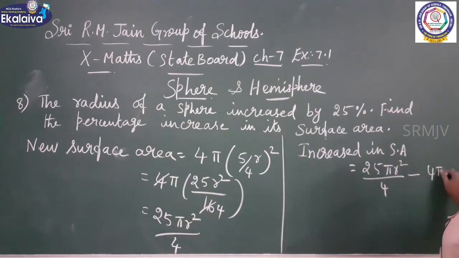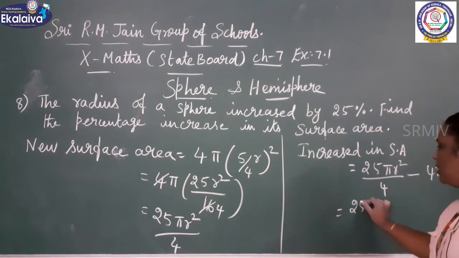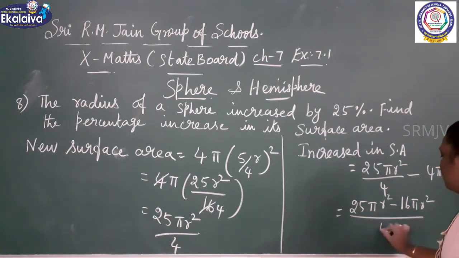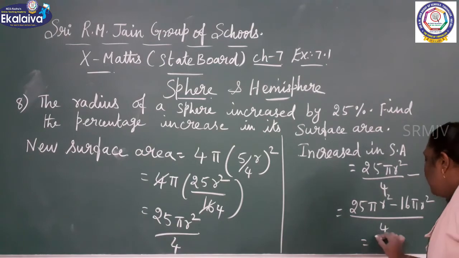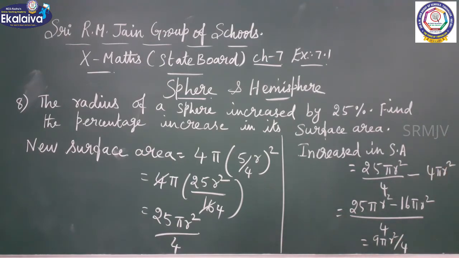The original is 4 pi r square. Now take the LCM as 4: 25 pi r square minus 16 pi r square by 4. 25 minus 16 is 9, so 9 pi r square by 4 square units.